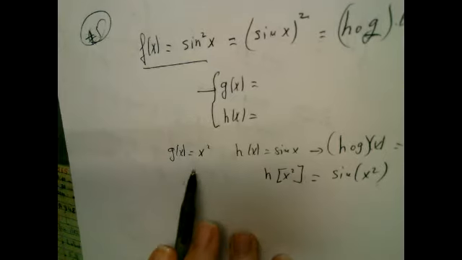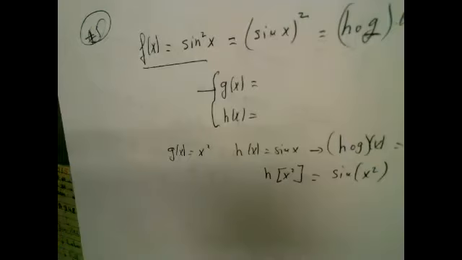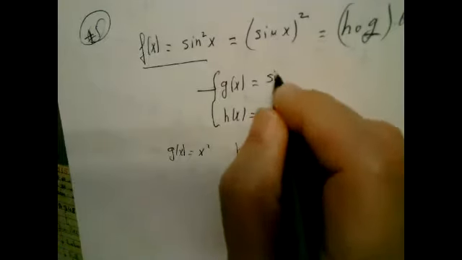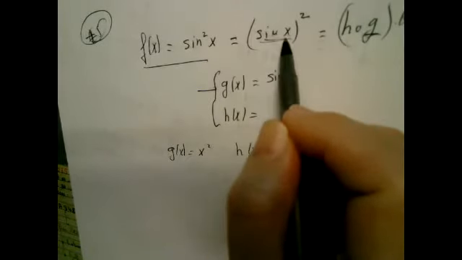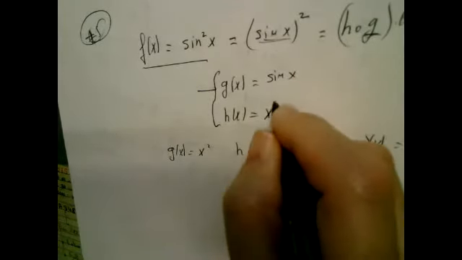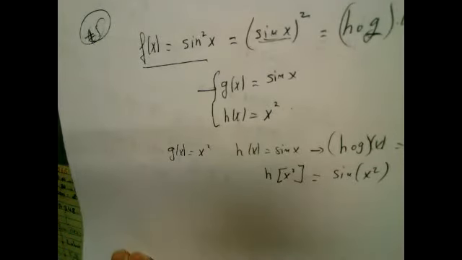If I pick g to be x squared, I have sine of x squared. That's not really what I want. What's going to be my inside? My inside will have to be the sine, because if you are computing this, first you do the sine. After you do the sine, you are going to square it. So sine is going to be your inside function, and the squaring is going to be the outside function.